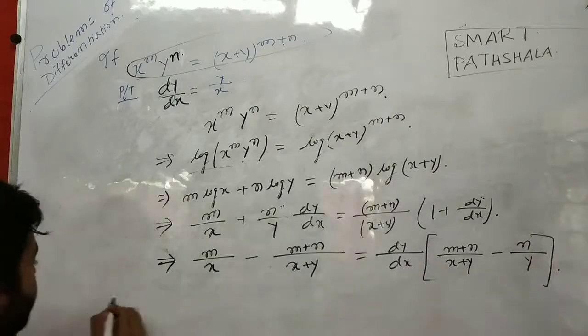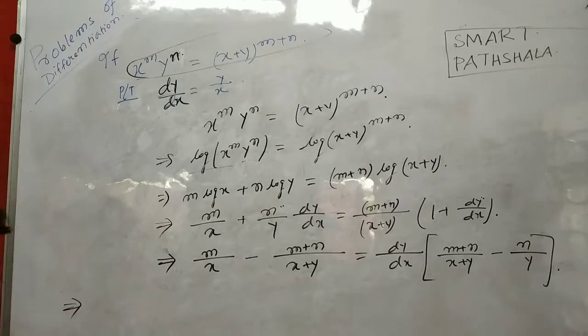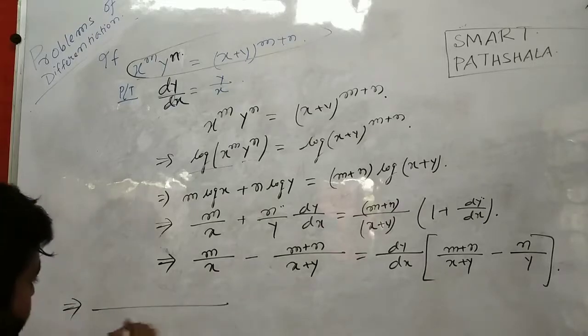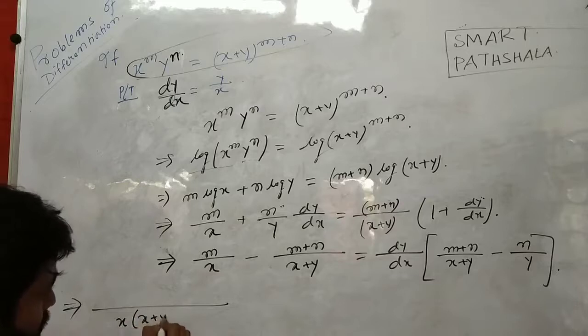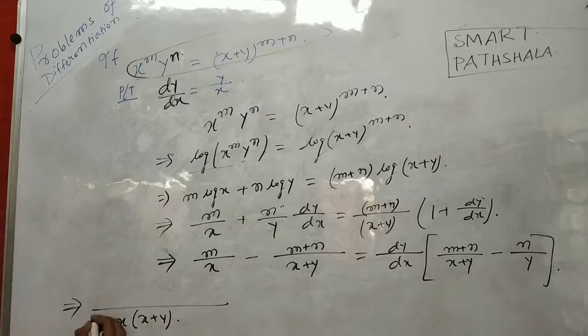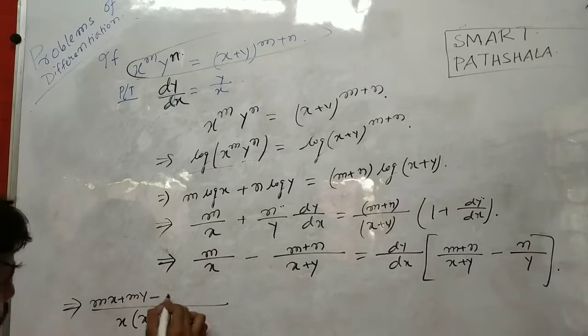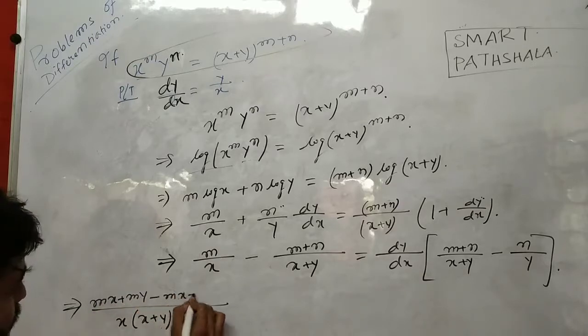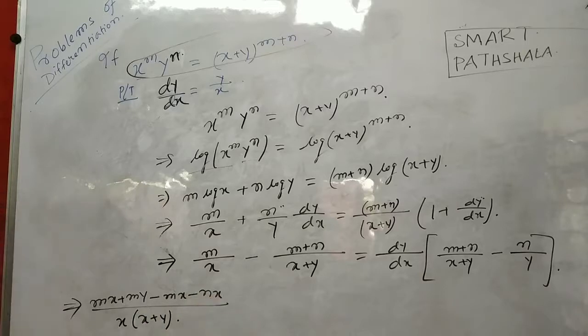So again, what you have here is x into (x plus y), and here mx plus my minus mx minus nx.